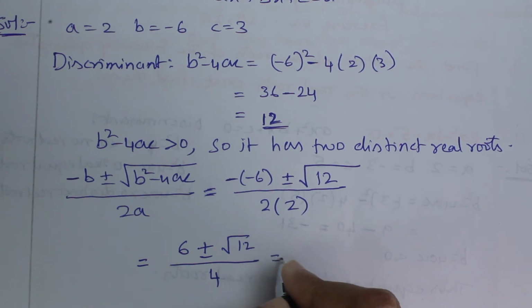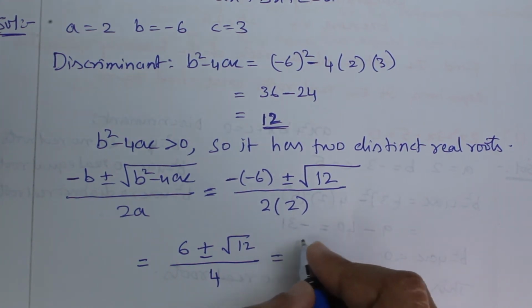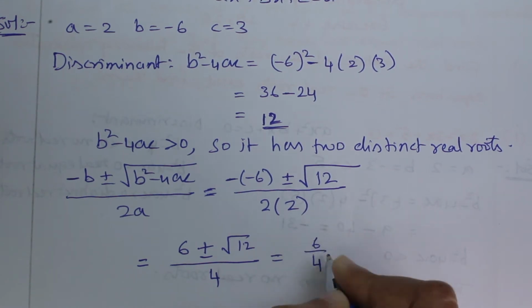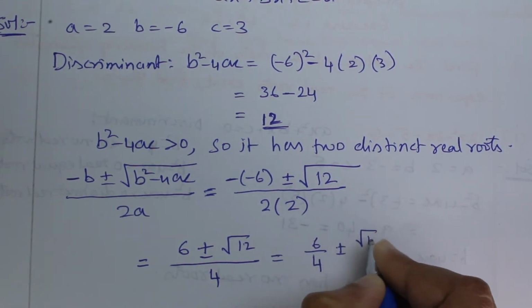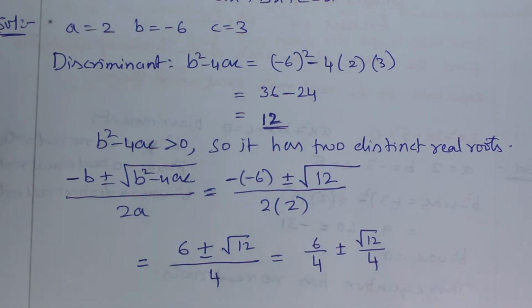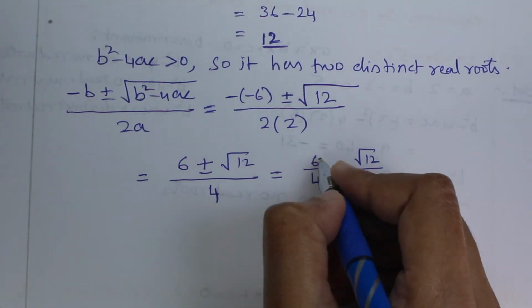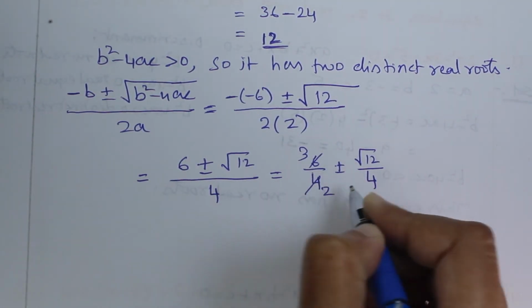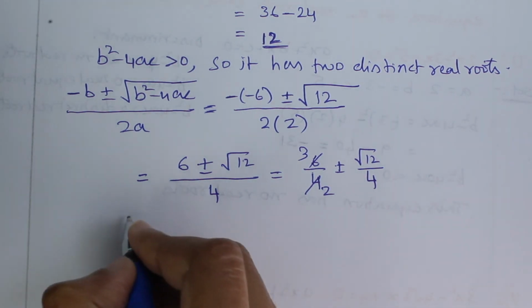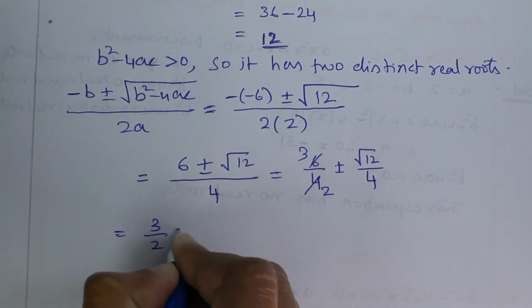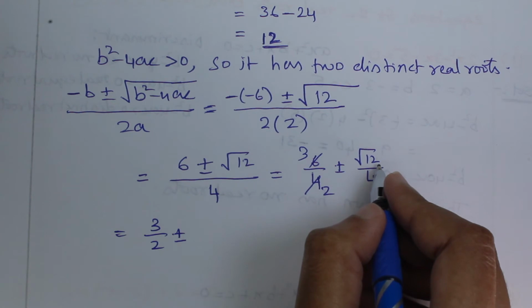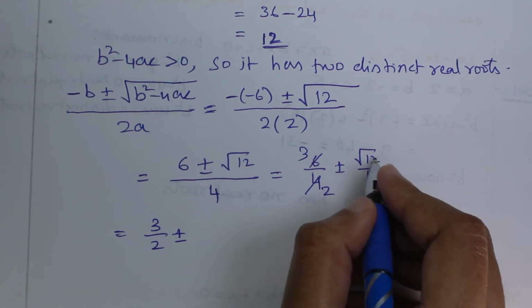Okay, that is equal to 6 by 4 plus or minus root 12 by 4. 2 3s are 6, 2 2s are 4. That is equal to 3 by 2 plus or minus root 12 can be written as 4 into 3, right?